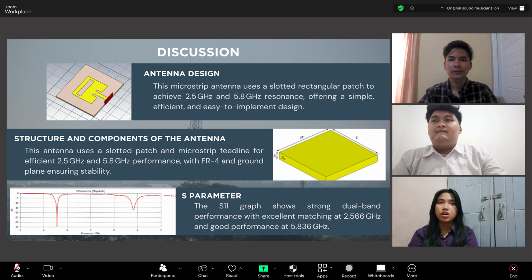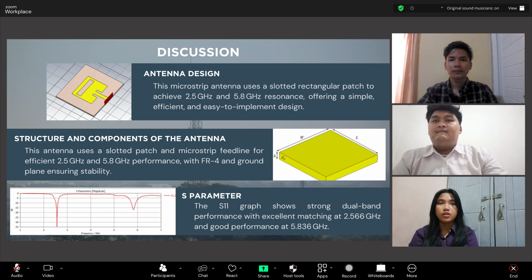And the second one is the rectangular slot. A horizontal rectangular slot is added to the patch to create a second resonant frequency near 5 GHz. This slot loading technique alters current flow, enabling dual band operation. The slot dimensions are carefully tuned to optimize performance at both 2.4 GHz and 5 GHz.